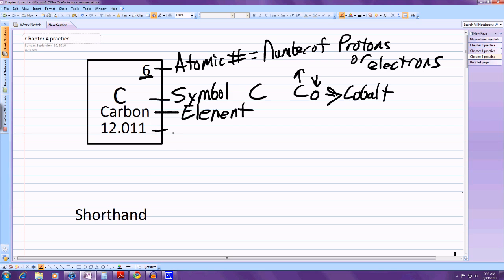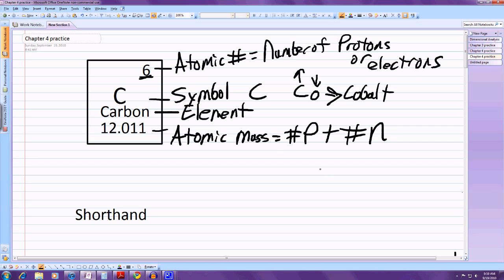And our bottom number is known as the atomic mass. You may see this written as atomic weight, same thing. The atomic mass is equal to the number of protons plus the number of neutrons.